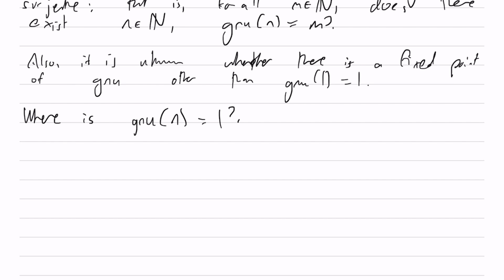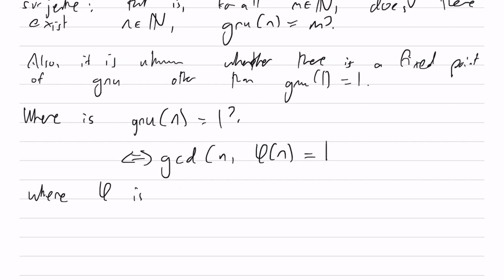Well, certainly n prime works, also n is 1 works, but actually there's a more general and complete classification. It's if and only if the greatest common divisor of n and phi(n) is equal to 1, where phi is Euler's totient function.